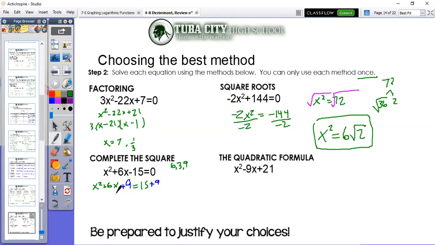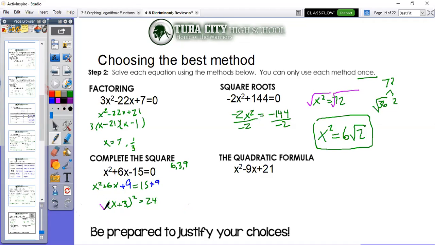Okay, there we go. So I added 9 to both sides so that I can make this into a perfect square trinomial. X plus, and then I need, 3 times 3 is 9, and 3 plus 3 is 6. So there we go. And here I got 25. Oh, wait, hold on, 24. Because it's plus 9.